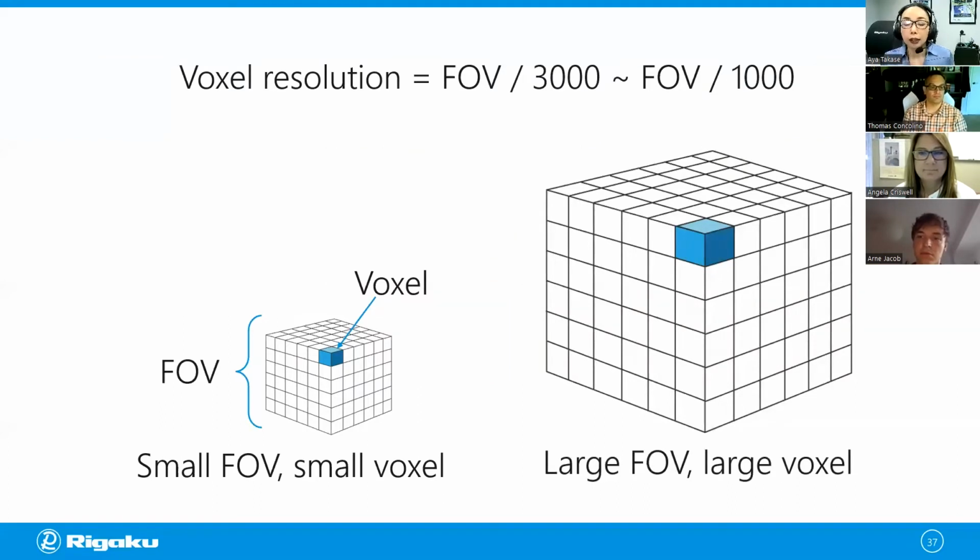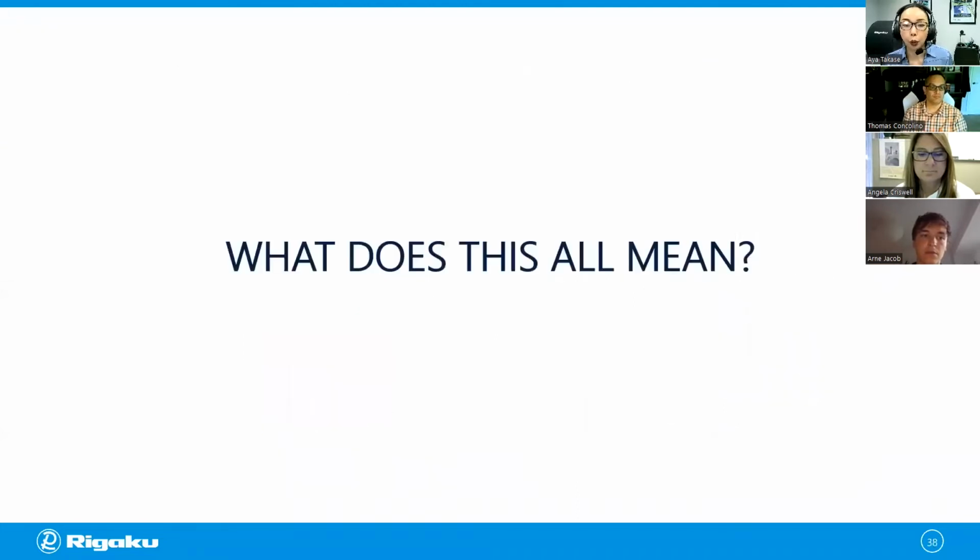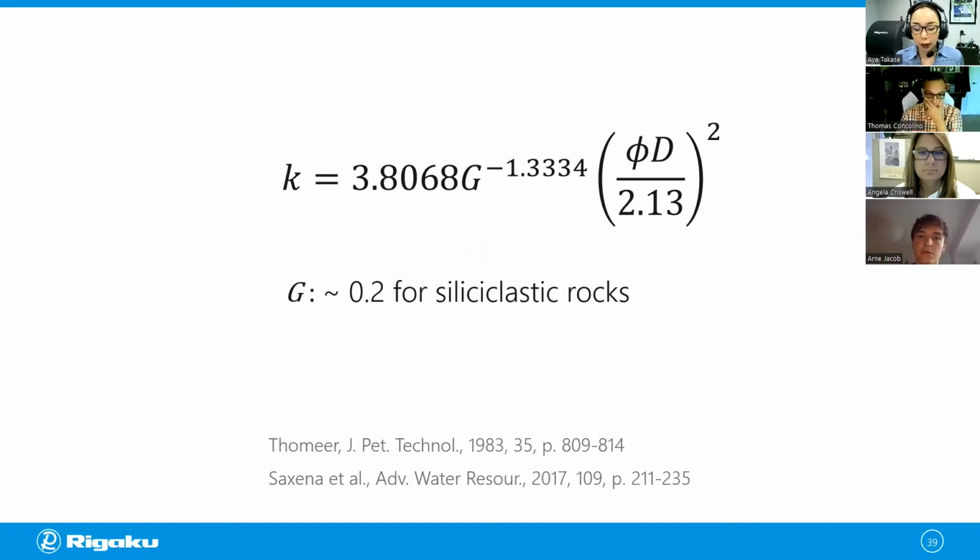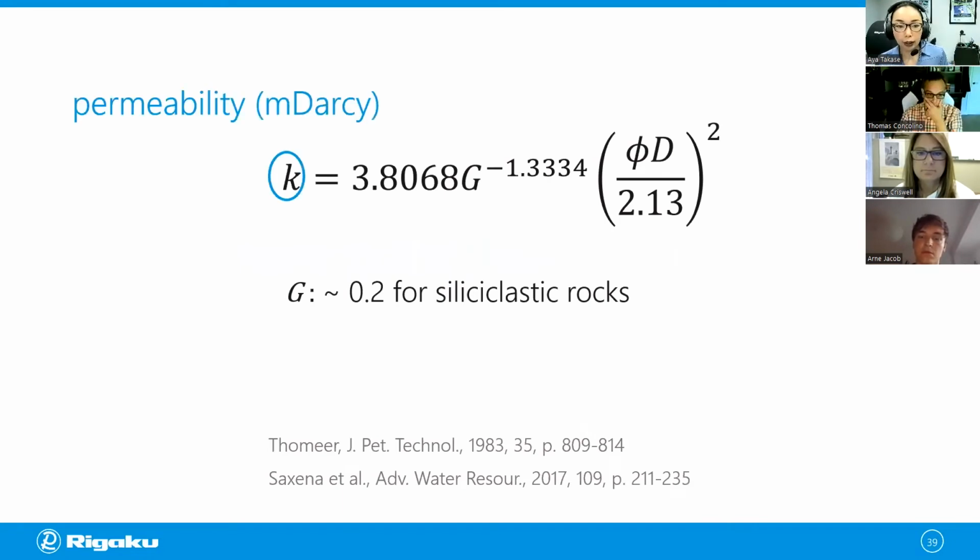Okay. So we just talked about the field of view, the voxel resolution, and signal to noise ratio, and how to increase or optimize them. But when it comes to digital rock simulation or analysis, what does this all mean? So let's connect those 3 properties to the analysis of digital rock images. As a representative parameter, I want to talk about permeability. In this equation, K is permeability in millidarcy.